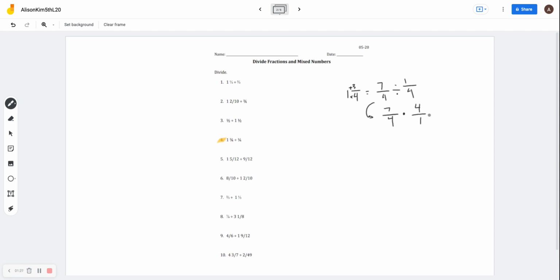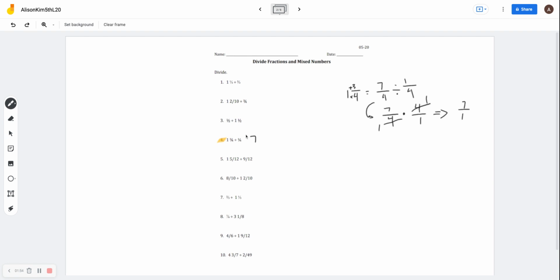Now we multiply across, but we can cross simplify first because 4 and 4 can simplify. This 4 turns into a 1 and this 4 turns into a 1. So your answer will be 7/1, or just 7.